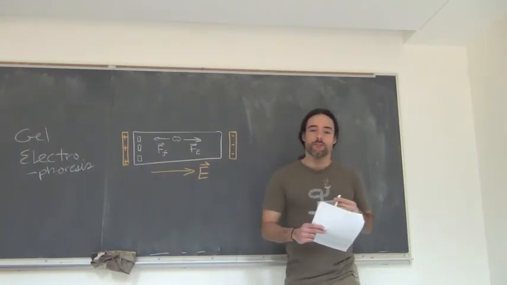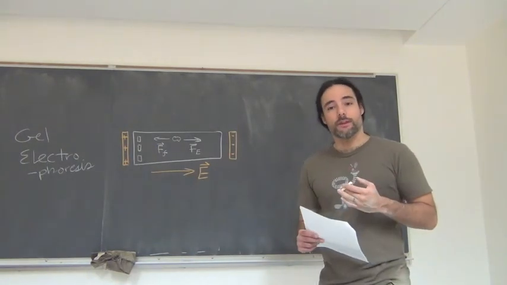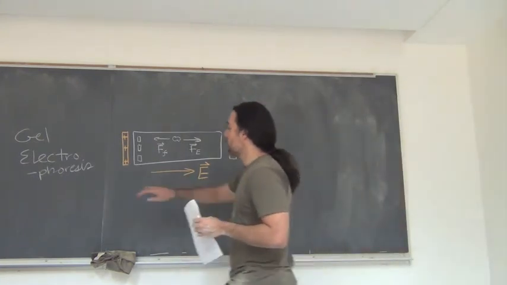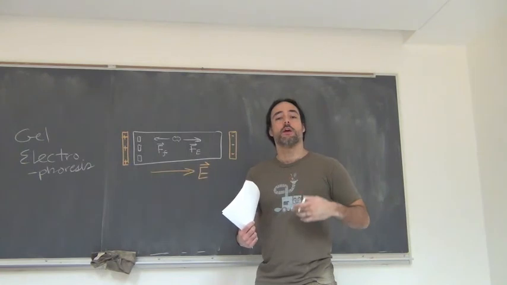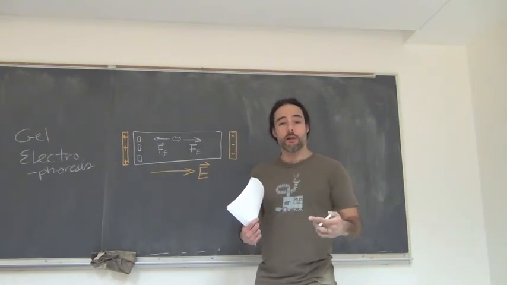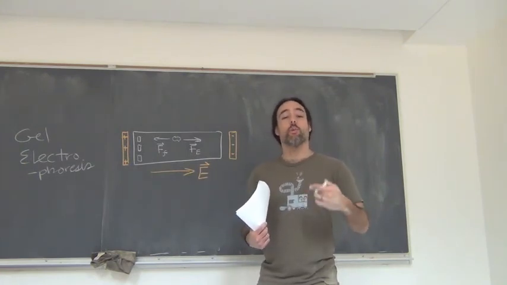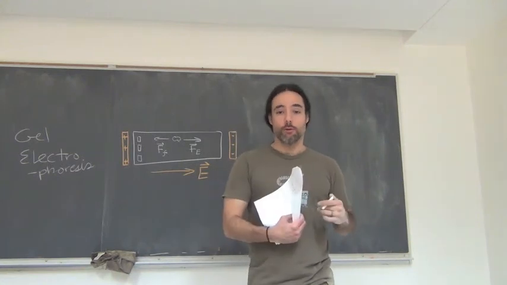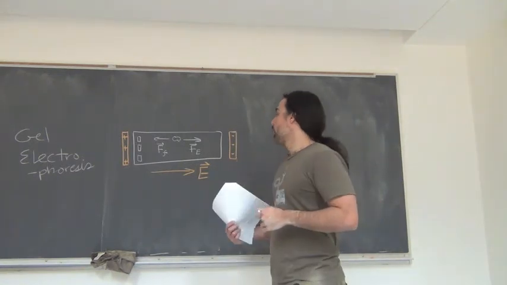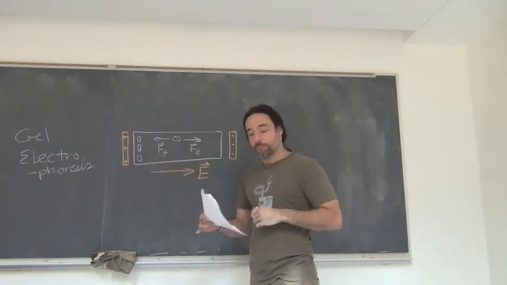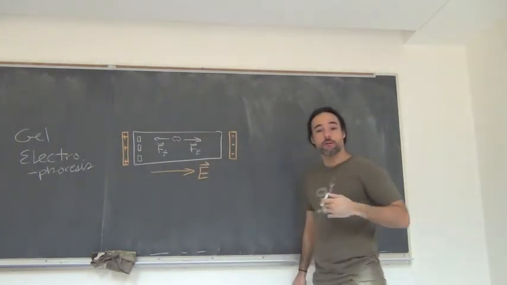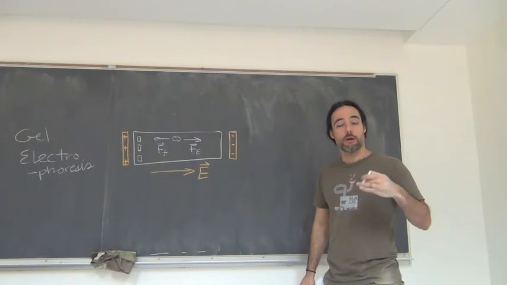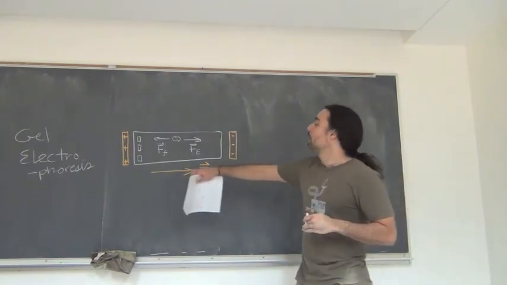Another common place to see uniform electric fields is in gel electrophoresis. So let's say you're a biochemist, you have DNA or some other molecule that's charged, and you want to separate it from other molecules in solution. Well, what you can do is you can run a gel. So the way this works is you set up some gel, usually agarose or some other mixture of materials.